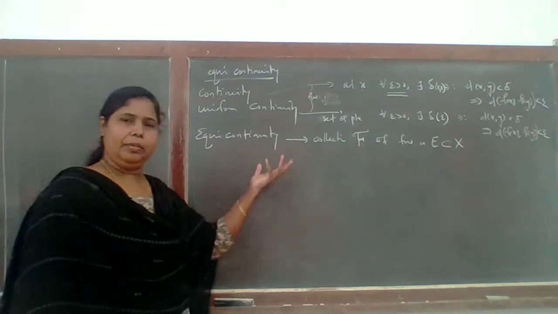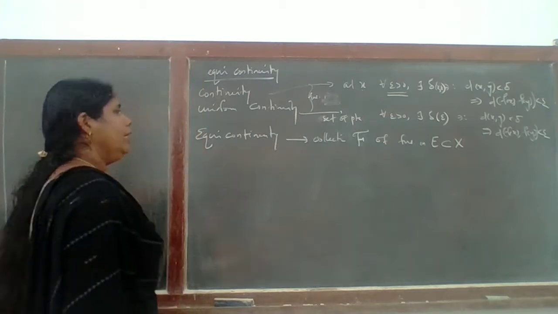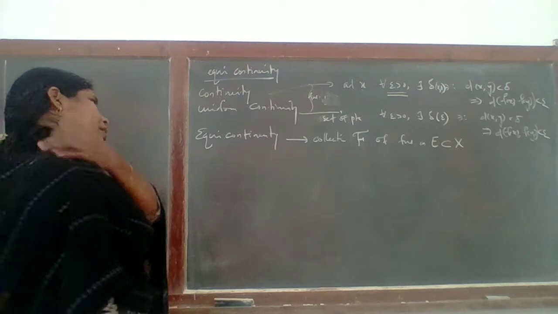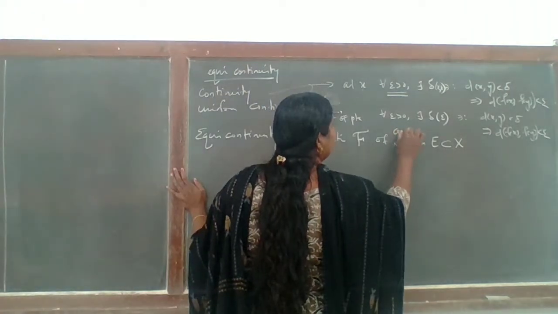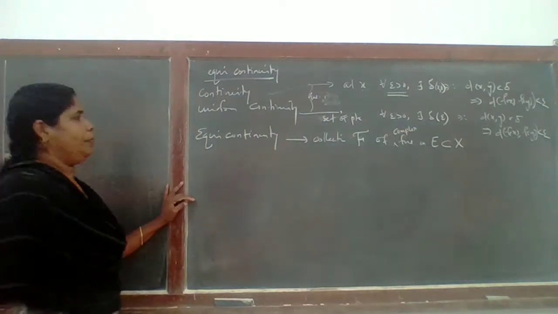And here we consider complex or real valued functions only. In the beginning of the chapter we have explained it. So anyway, equicontinuity is this. Here we consider only complex valued functions. Complex means it can be real valued.